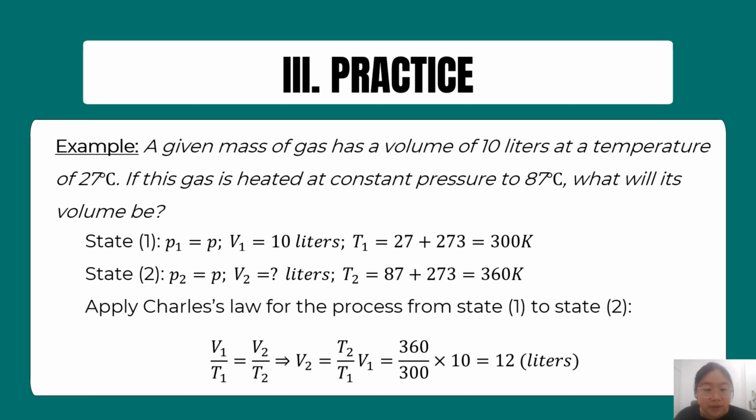In state 1, V1 is equal to 10 liters, T1 is equal to 300 Kelvin, and in state 2, the volume V2 we will find, and T2 is 360 Kelvin. So let's apply Charles's law.